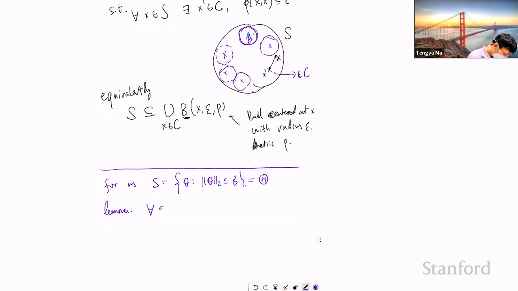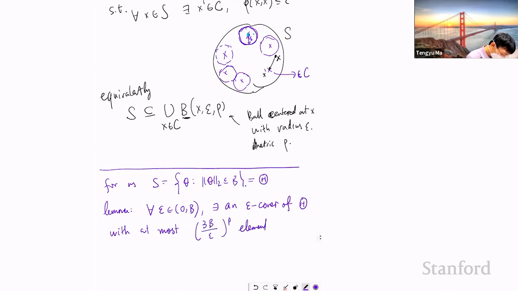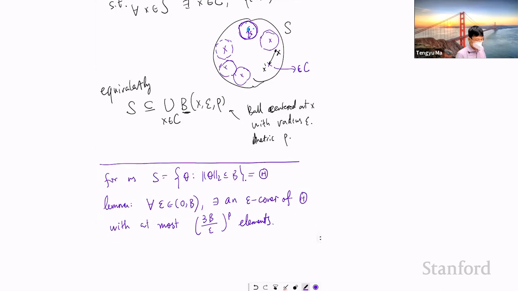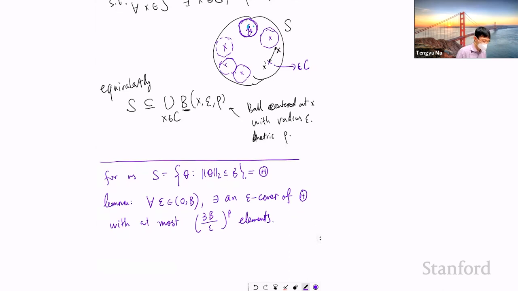For every epsilon and every radius B, there exists an epsilon cover of the set theta, the L2 norm ball with radius B, with at most (3B over epsilon) to the power p elements. So the size of this cover is bounded by (3B over epsilon) to the power p.